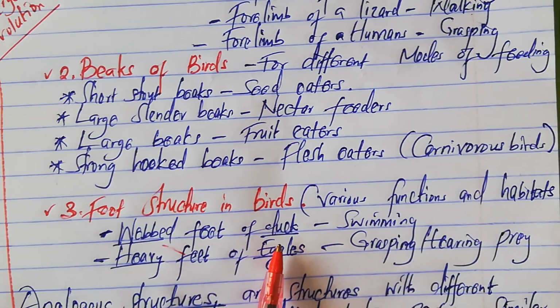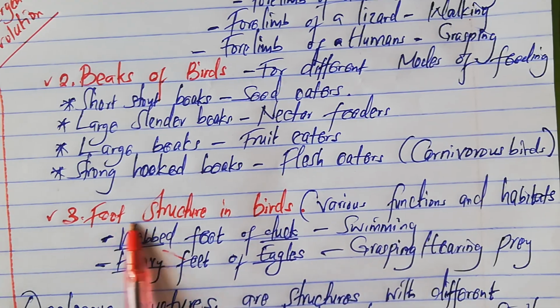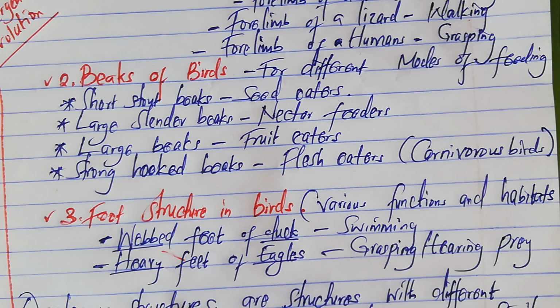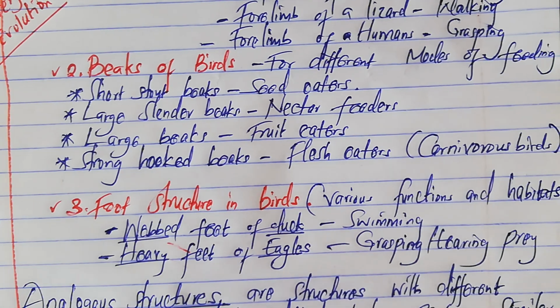Then we go to the last one, which is the feet of birds. Depending on the environment, that is the habitat where these organisms hail from, and also the functions that these feet are going to perform, they will have different structures.